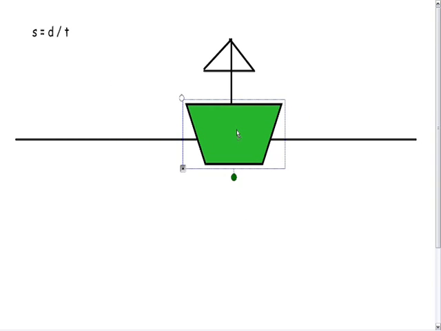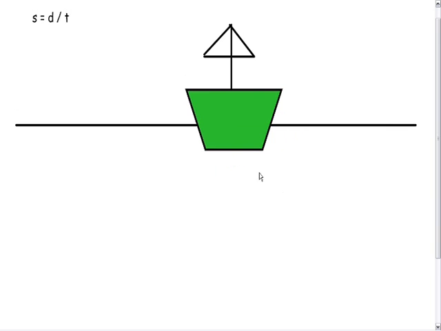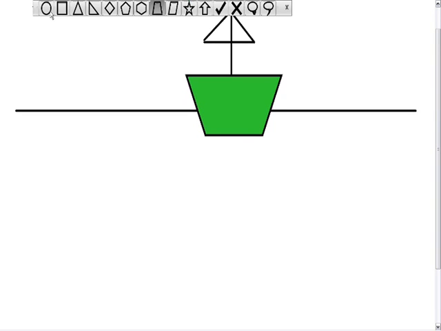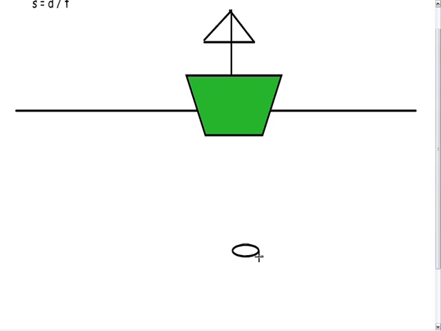Shrink my boat down a bit, otherwise I'll not have room for the rest of my diagram. Let's assume that this is a high-tech fishing boat that is running on sail power, and we're going to put a shoal of fish beneath it. Let's say this is what a fish looks like. Clearly that is extremely fish-like.